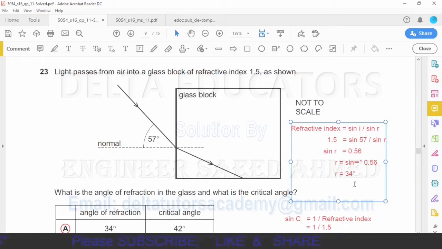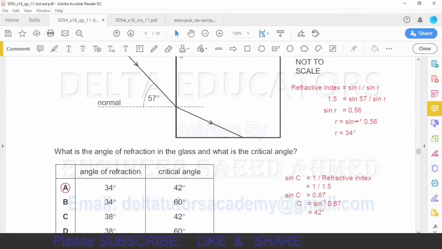Second thing, we have to find out the critical angle. In the topic of total internal reflection, we have studied a formula sin C is equal to 1 over refractive index, where sin C is the sine of the critical angle.